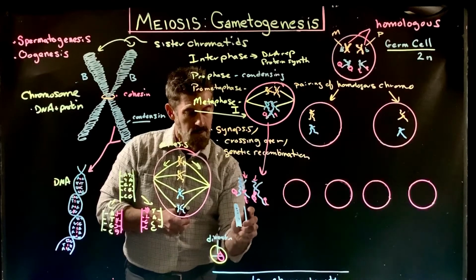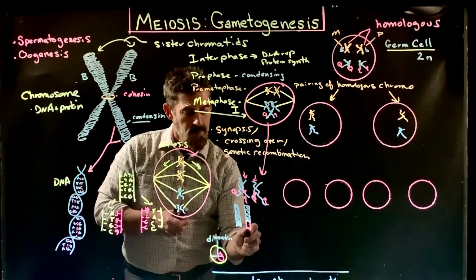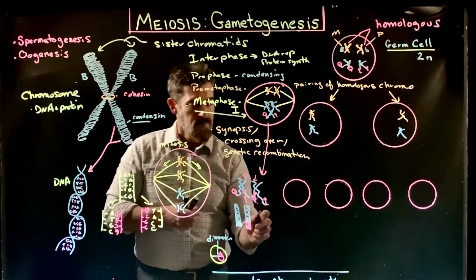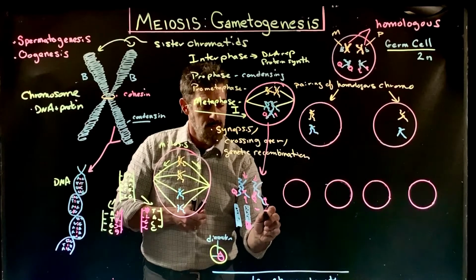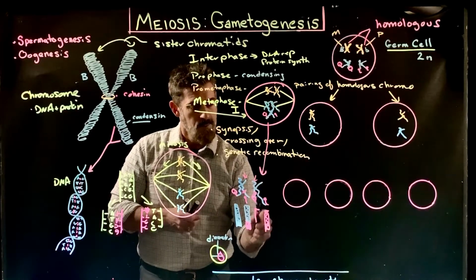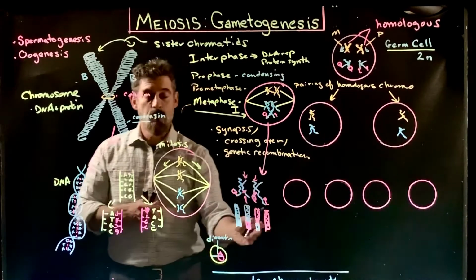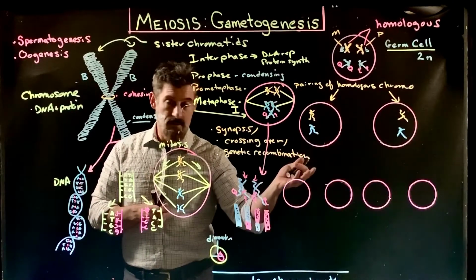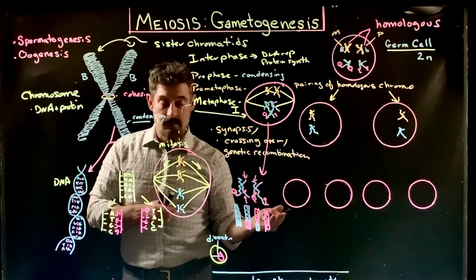This one is all maternal with a little bit of the genes from the father. I'll recode this here. This one is all the genes from the father. And this one is mostly genes from the father, but now it's received some genes from the mother. So you can see we actually have 4 different versions of this chromosome, as opposed to just the 2 versions.